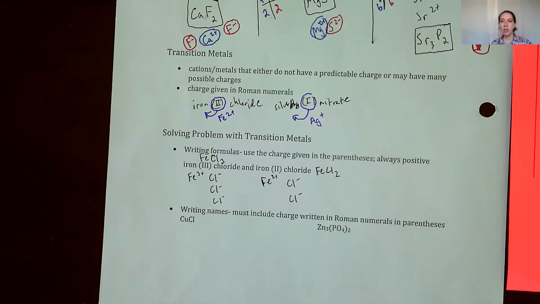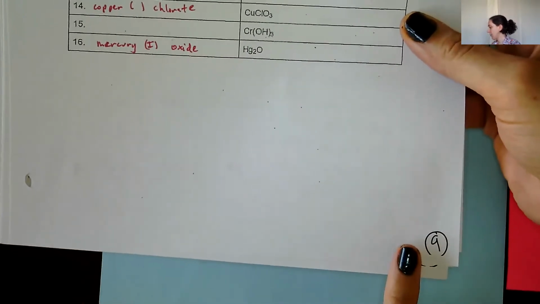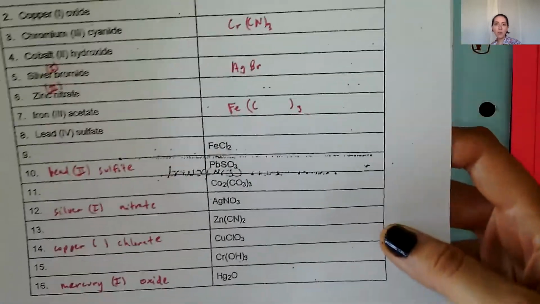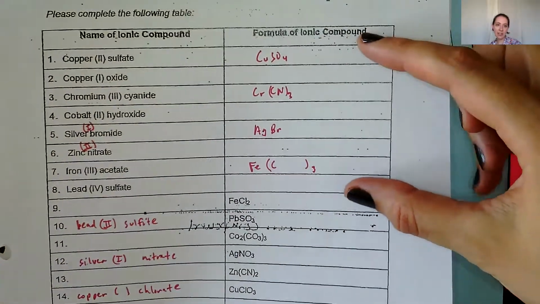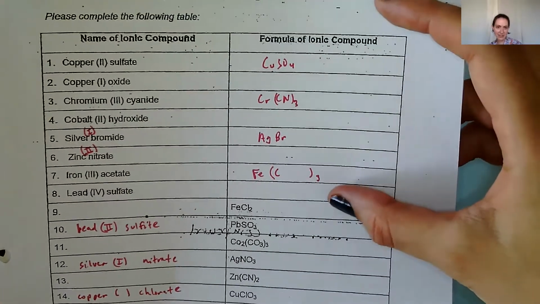All right. So let's see. Let me take a quick look. If you want to practice some of these, you can totally do that. If you look at page 9 of your packets, you can do numbers 1 through 8.